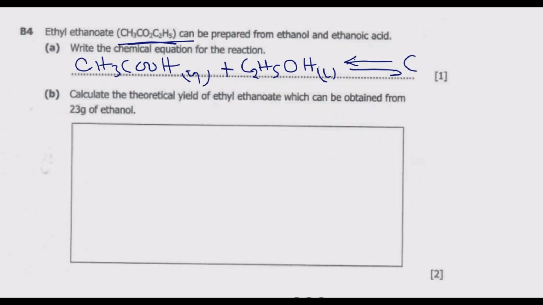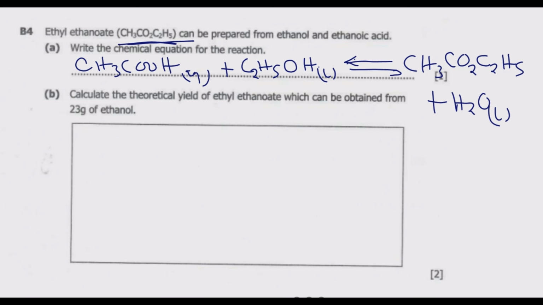So this is ethyl ethanoate, which is CH3CO2C2H5, plus water, which is liquid. So basically this is how the equation will be.